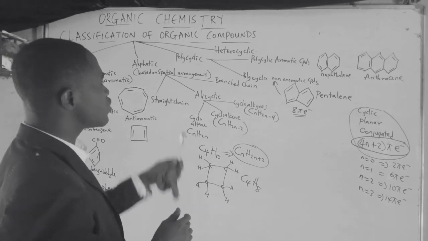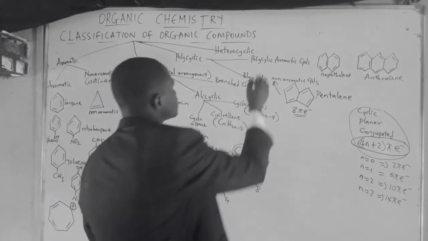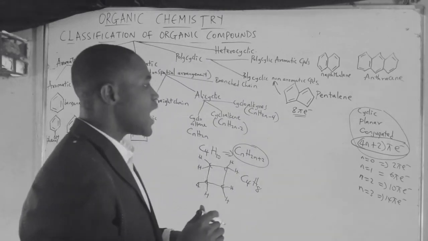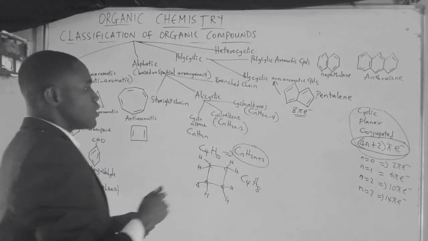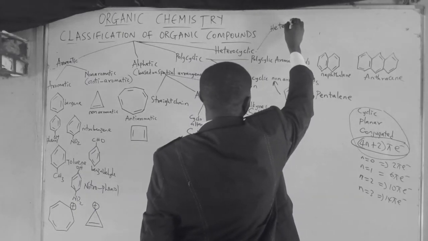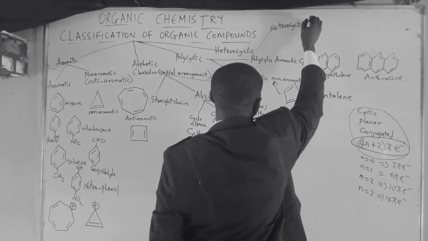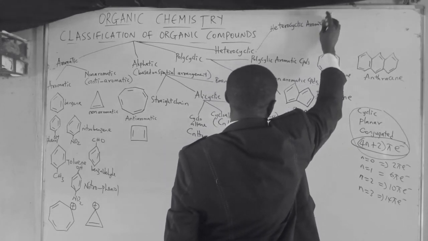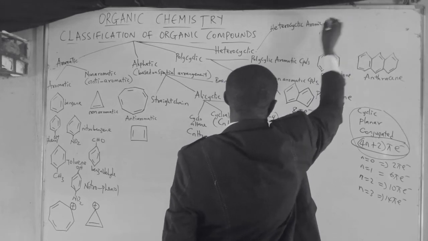Then we go to heterocyclic compounds. They are divided into 2: heterocyclic aromatic compounds and heterocyclic non-aromatic compounds.